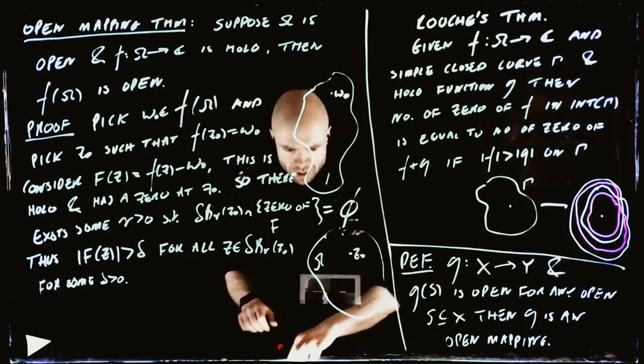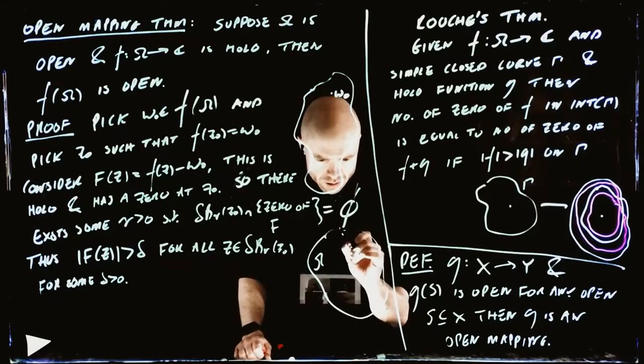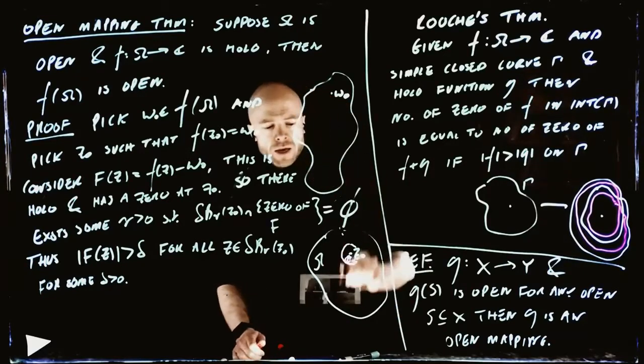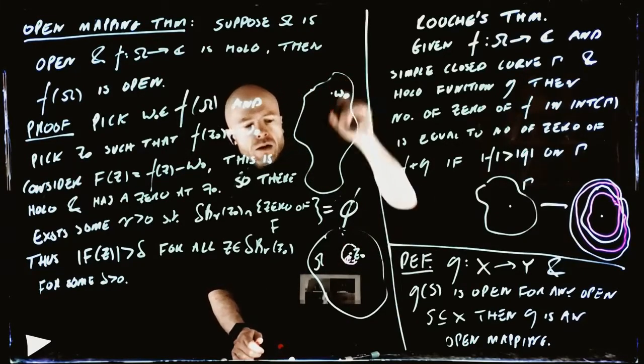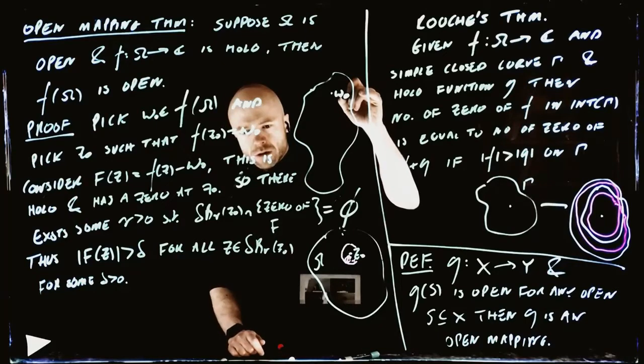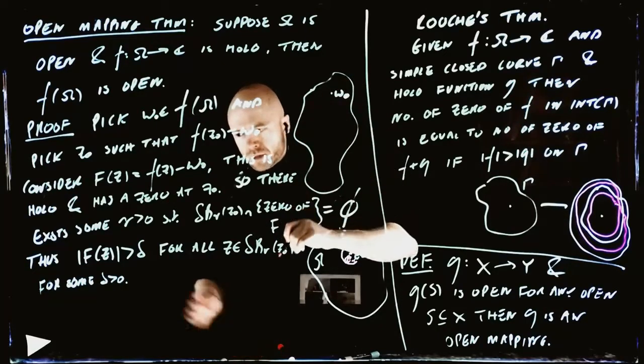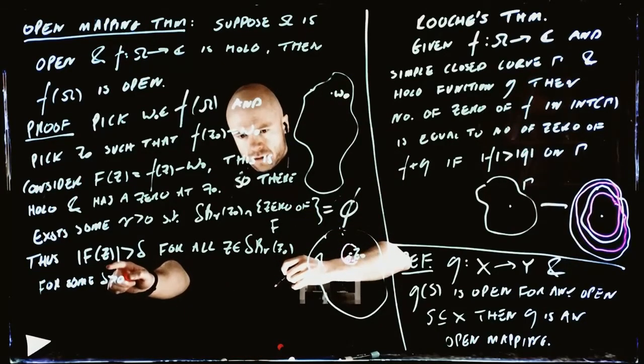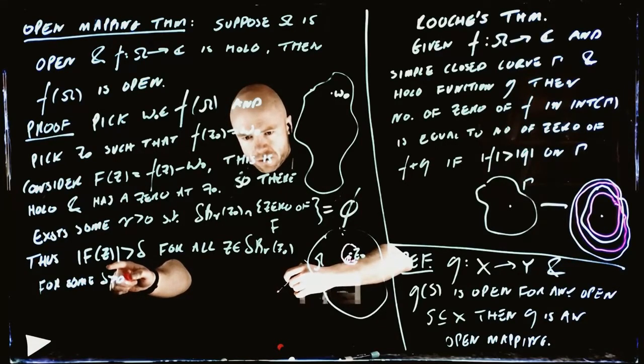We've got some little radius r around z0. And the image of this guy cannot get too close to w0. It has to be at least delta away from w0, right? Because that's exactly what this thing says. You with me? Give me a thumbs up.